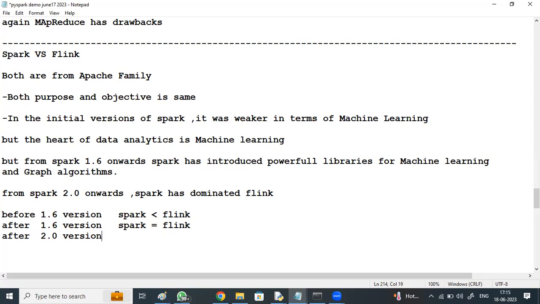After 1.6, Spark equal to Flink. After the 2.0 version, Spark dominated Flink. So now we cannot hear the word Flink anymore, right?